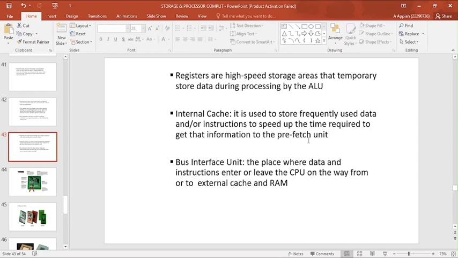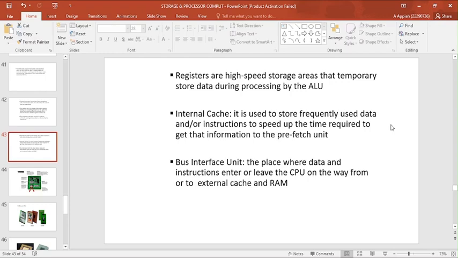Then another important component or unit to look at under the CPU is the bus interface unit. And this is the place where data and instructions enter or leave the CPU on the way from or to external cache and RAM. So we think of two components, the CPU and then the RAM.